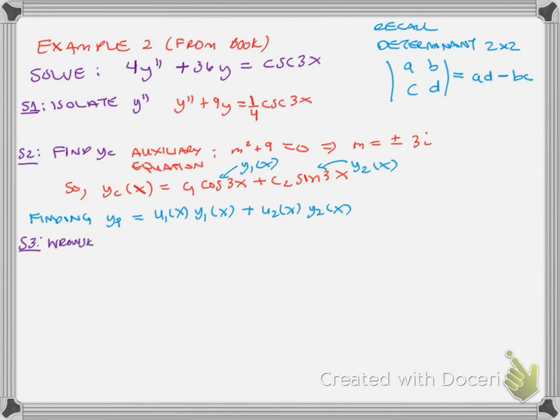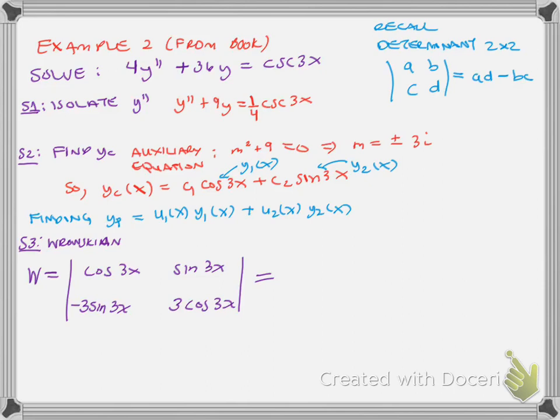Step 3, finding the Wronskian. Well, in this example, the Wronskian will be y sub 1, which we said was cosine 3x, and then y sub 2 is sine of 3x. And now we just take their first derivative. So this will be negative 3 sine 3x, right? And 3 cosine 3x.